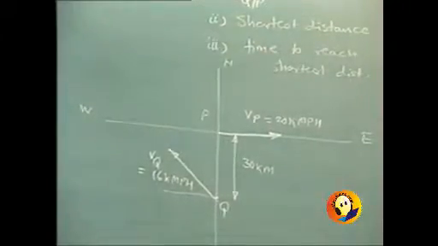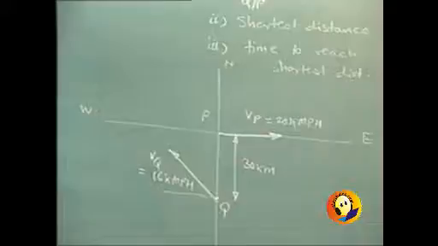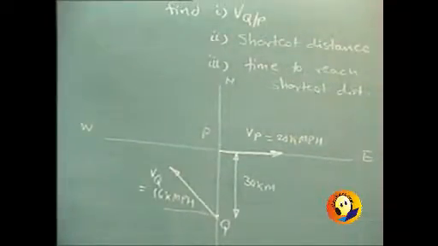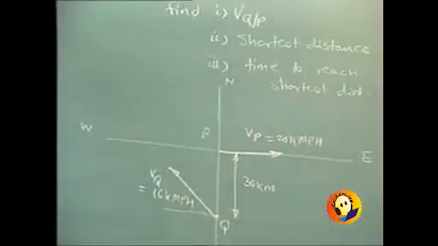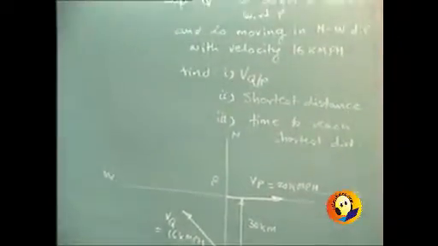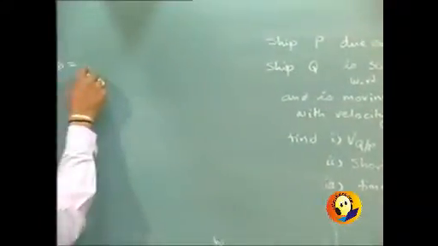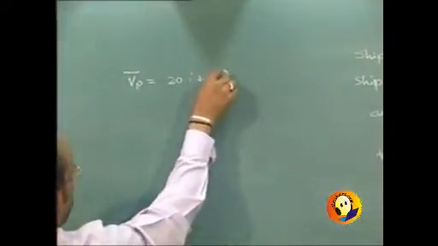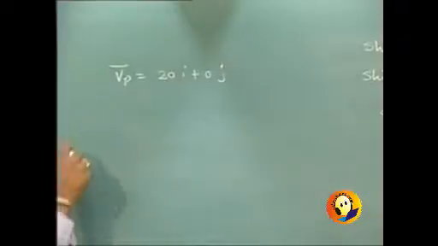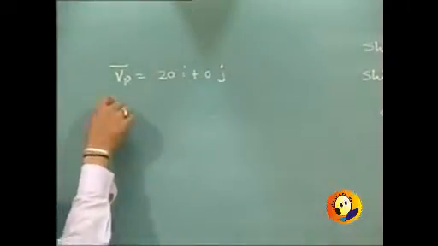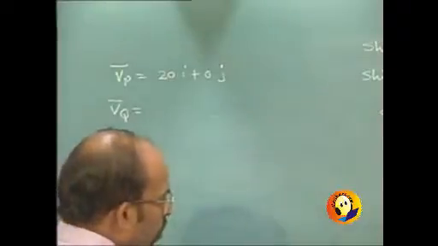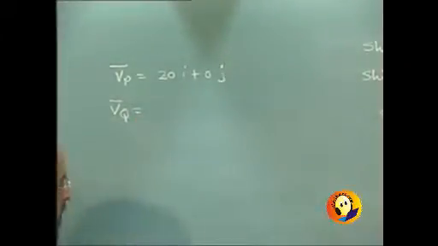The vector approach will prove to be the easier approach in this case. So we will write VP in the vector form, and it will come out to be 20I plus 0J. Whereas velocity of Q, when we want to write in the vector form, its horizontal component will be negative, as it is in the west direction.